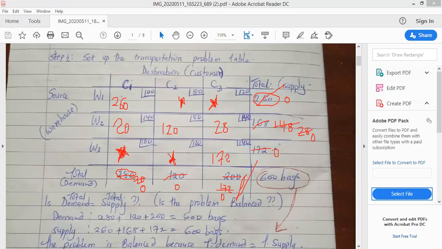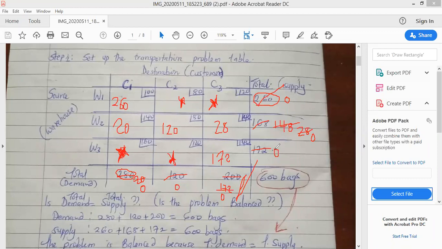Now, once we have assigned the cells some units for the first time, we get what we call the initial transportation cost, on which we will base our argument on whether it is optimal. Optimal means the minimum or not.